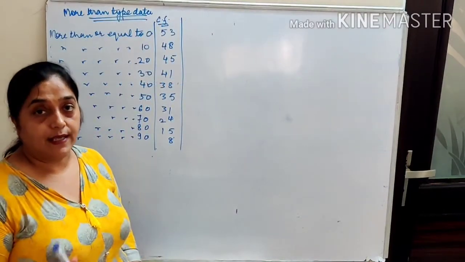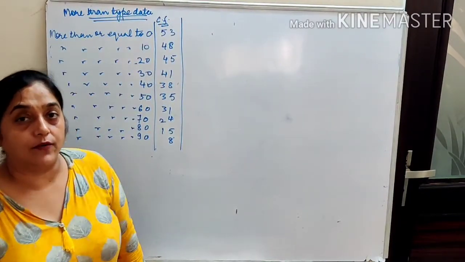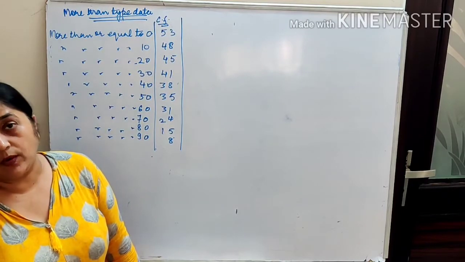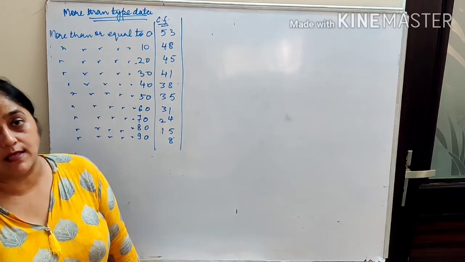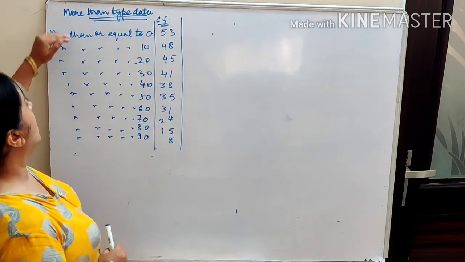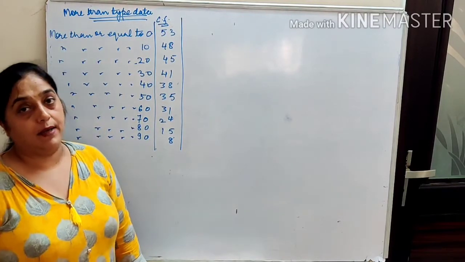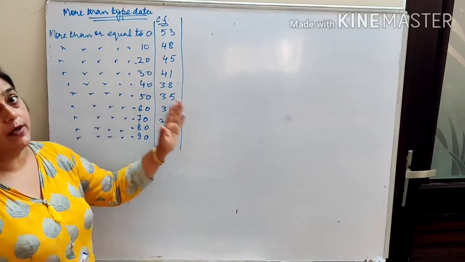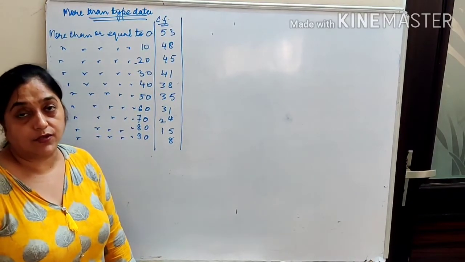Now students, yesterday we discussed about how to convert below than type data into the normal class interval frequency distribution table, and today I will be teaching you how to make a more than type data, how to convert it into the normal frequency distribution table.